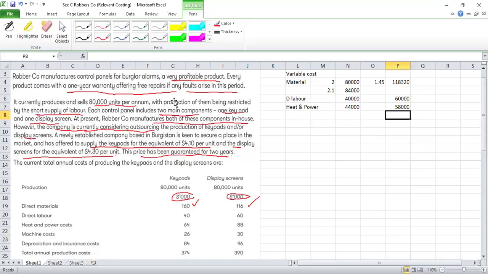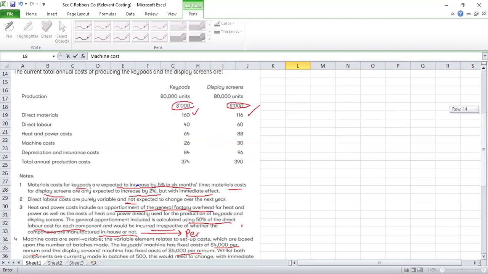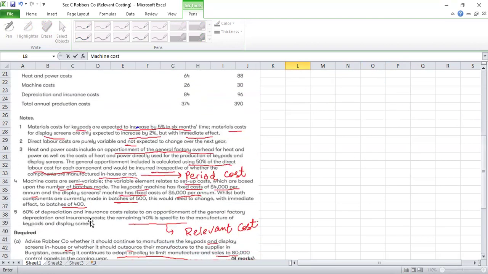Next one is what? Our fixed machine cost. Here he is saying what? This one is the machine cost. For the machine cost, he is saying 60% of the depreciation and insurance.